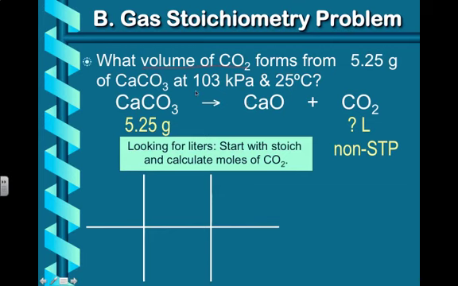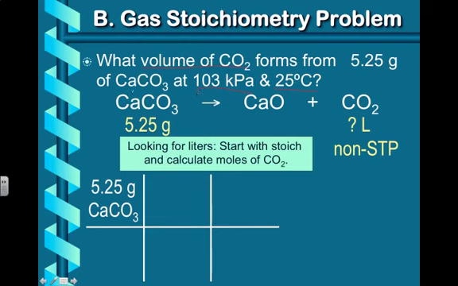Once I have the number of moles, well, I have my pressure, I have temperature. If I had my number of moles of CO2, well, I have pressure, temperature, moles. I can solve for volume, and I know R, so I would have all the information I would need.